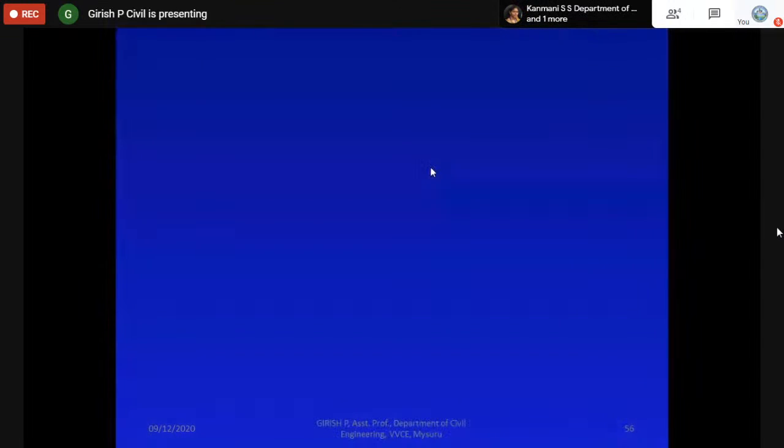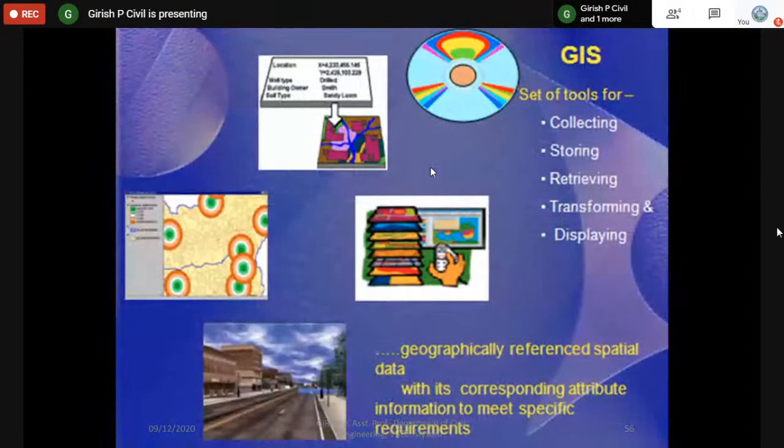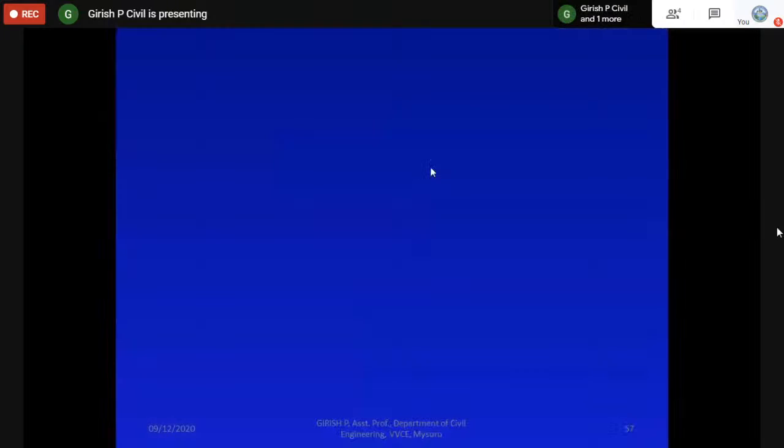That is the hardware component of remote sensing. Now, the software component: whatever data we collect through the various sensor systems, we work with software, that is GIS, Geographical Information System. It is a set of tools for collecting, storing, retrieving, transforming, and displaying geographically referenced data.